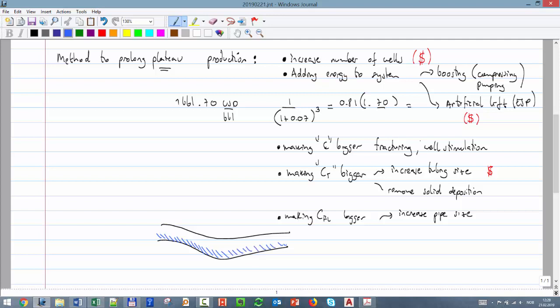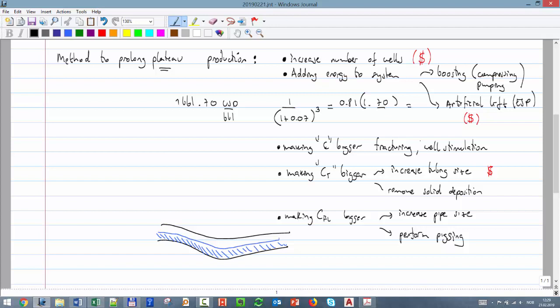The effect that that's going to have is basically like an obstruction, simply like if you have something deposited, a reduction in the cross-section area. So you can also do pigging to remove those liquids and simply increase the C flow line. Perform pigging.